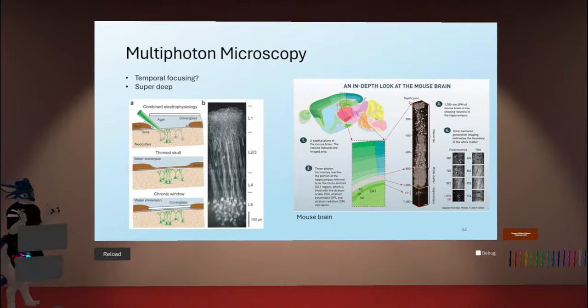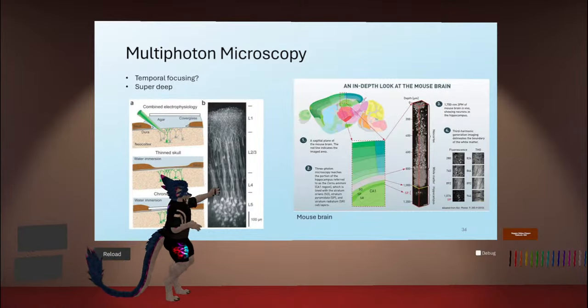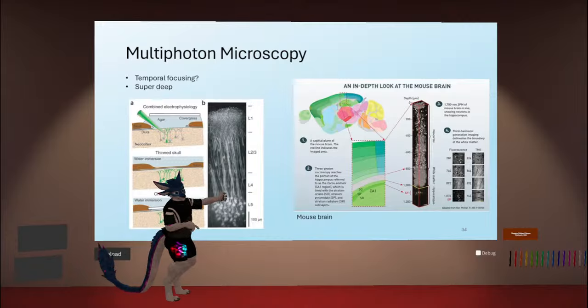How? Magic. Multi-photon absorption, right? You can imagine by the time the light gets down here, it's basically not coherent. You just have diffuse light going all over the place.